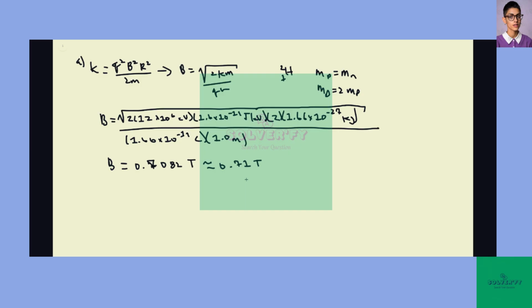All right, so now for part B, it wants you to calculate what frequency is needed for the voltage between the Ds in the cyclotron.